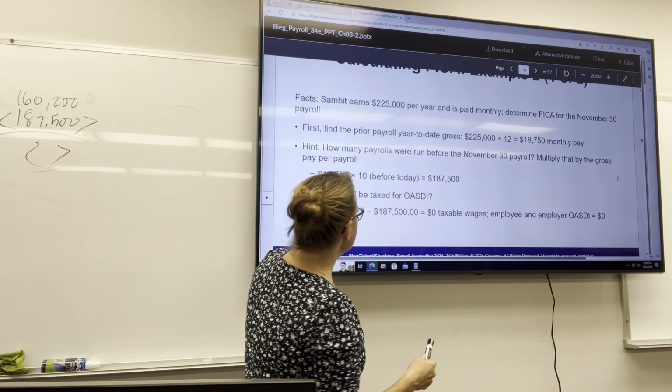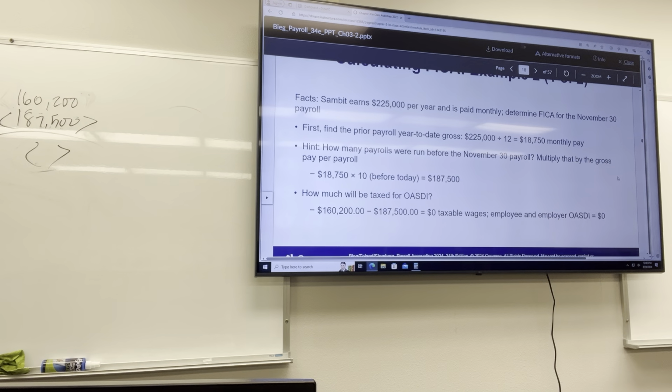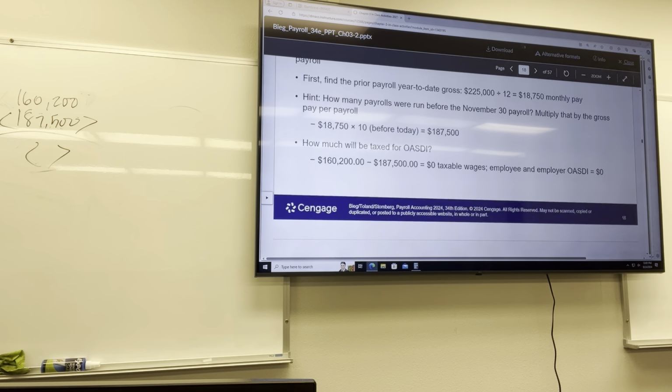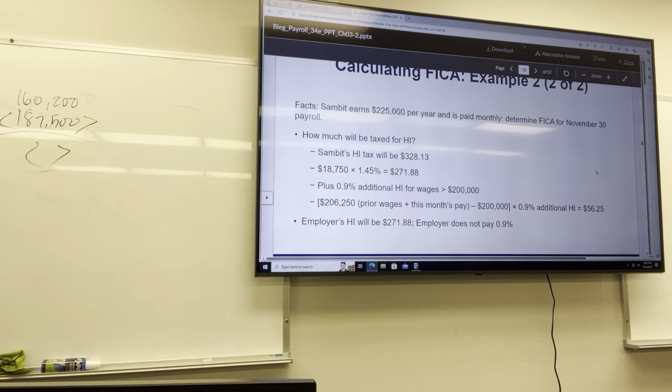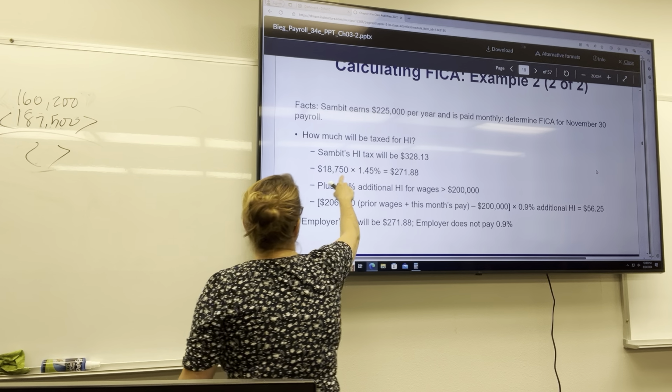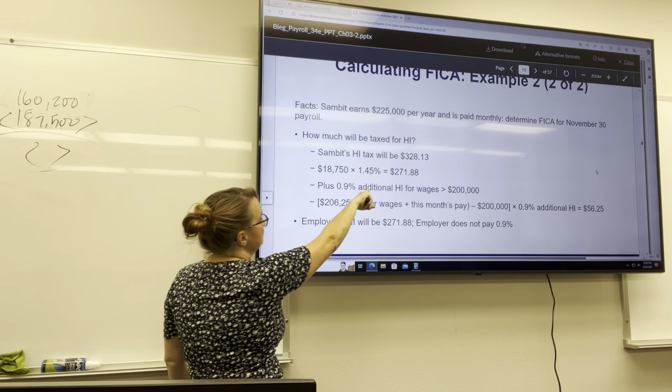All right, so for OASDI, nothing is going to be taxed, but now we've got Medicare tax and additional Medicare tax that we've got to calculate. Medicare tax, that's super simple, right? We're just going to take the 18,750 times the tax rate of 1.45%.